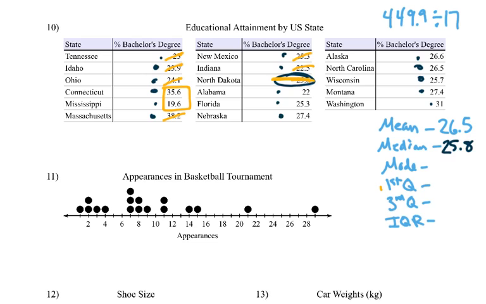Get 55.2, divide by 2, and we get 27.6. So my first quartile is 27.6. For my third quartile, we take the upper half of the data. So it's between 26.6 and 26.5.